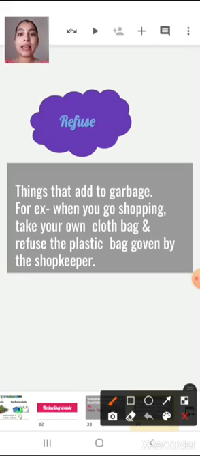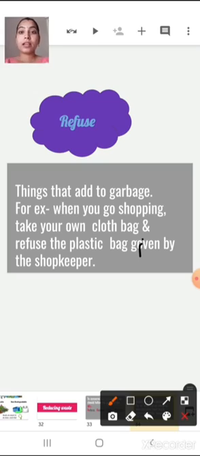First one is refuse. What is it? Refuse means things that add to garbage. For example, when you go shopping, take your own cotton bag and refuse the plastic bag given by the shopkeeper.